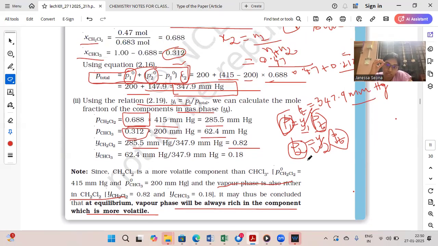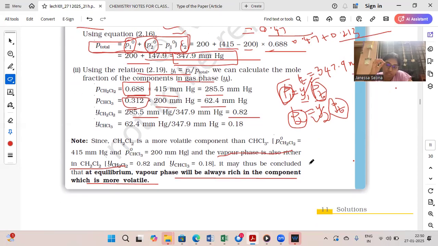Likewise, we have seen how to calculate the number of moles of each of the components that are present in the vapor phase based on the knowledge from the values of vapor pressure of component A and component B.